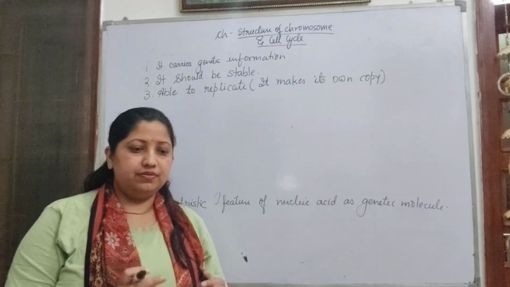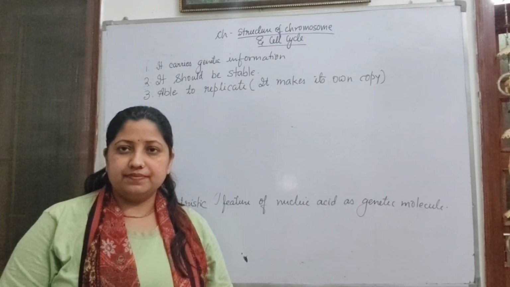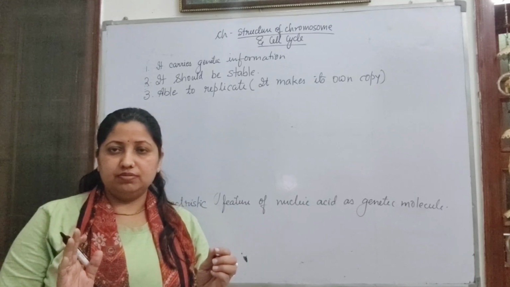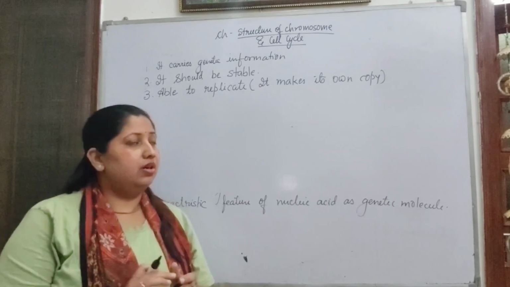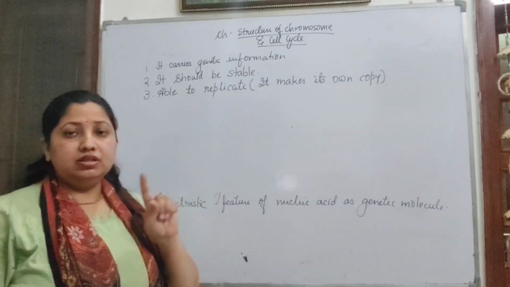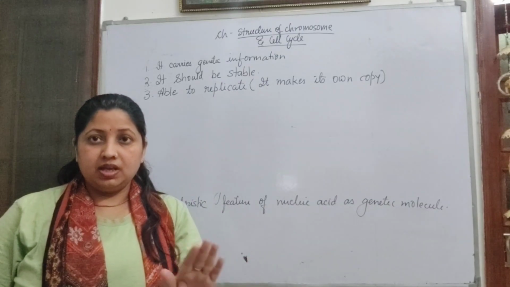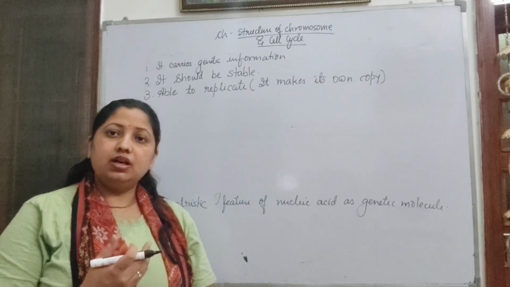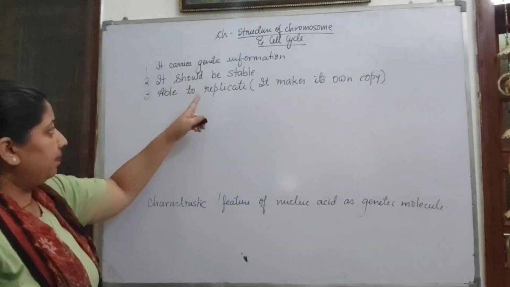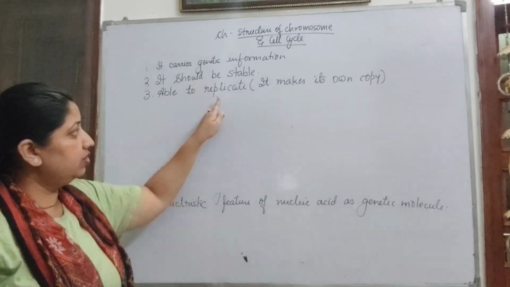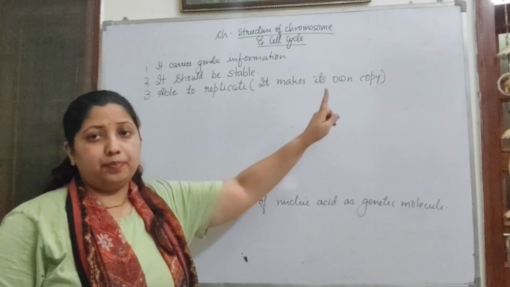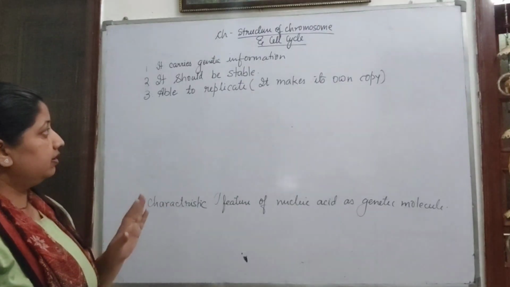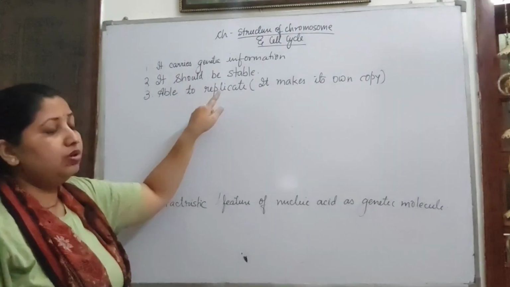If we want to give it to two students, can I tear the page? If I tear the page, the information becomes half. So the information should be the same, and how can I give it to two students? By making a copy. So replication means the molecule makes its own copy.